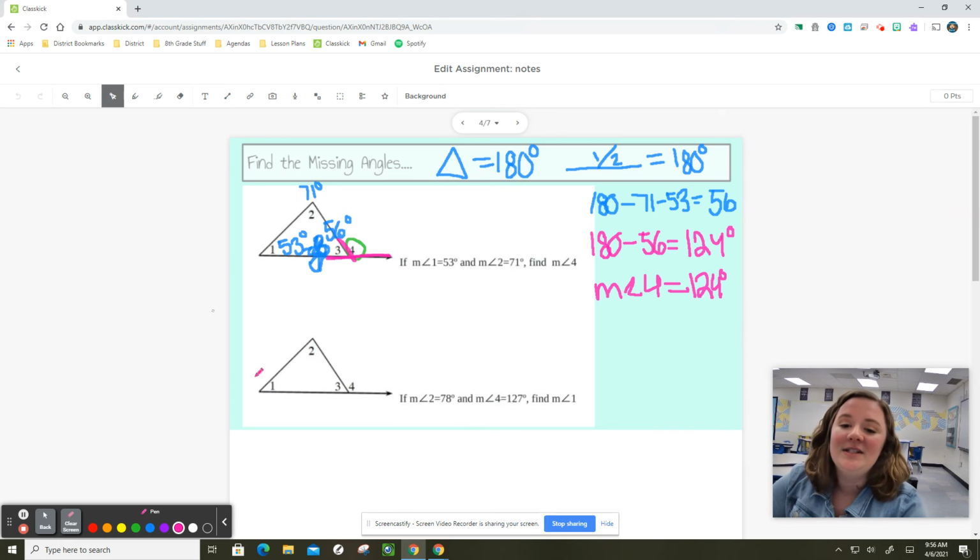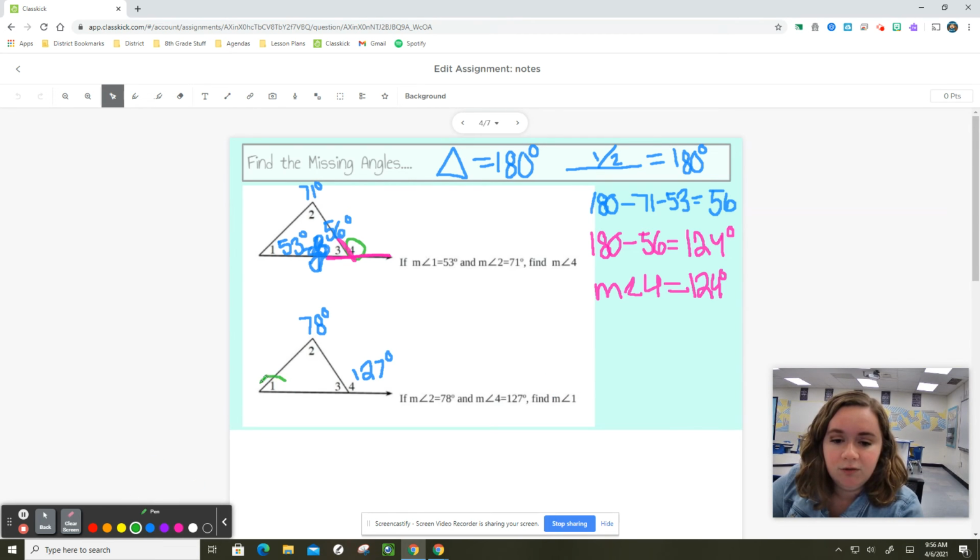Okay, let's do the same thing for the second one. First off, we're going to start by labeling things out. If the measure of angle 2 is 78 degrees, and the measure of angle 4 is 127 degrees, find the measure of angle 1.